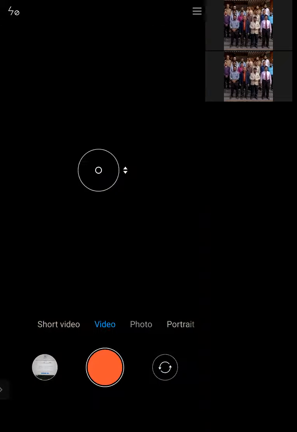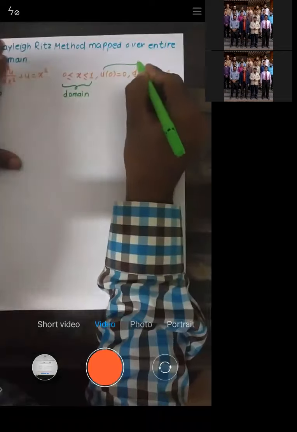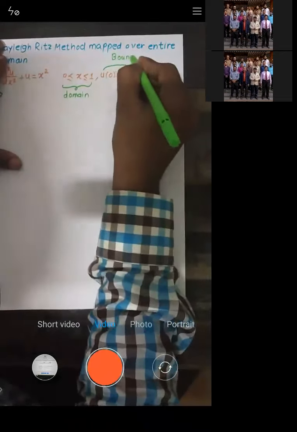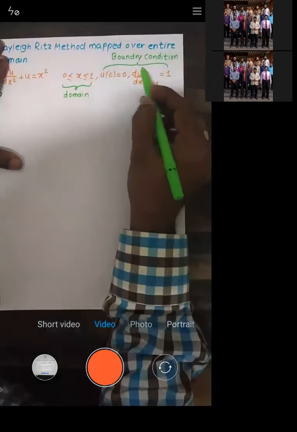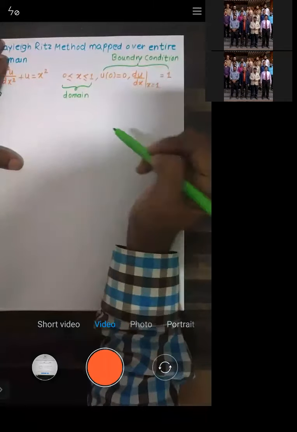Now if you see these two terms, these are nothing but the boundary conditions. I'll write down that these are the boundary conditions. Both are boundary conditions, but one is in the form of u, and the second is in the form of the derivative of u. One is in the form of u, so u is the primary variable.